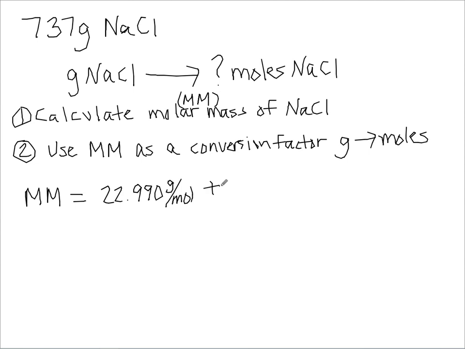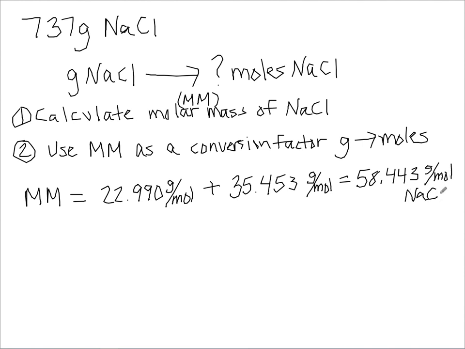To it, we're going to add the molar mass of chloride ion, and that is 35.453 grams per mole. When you add those two together, you get 58.443 grams per mole. And this is NaCl.